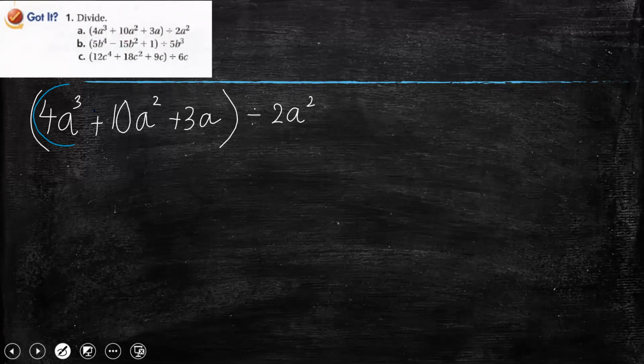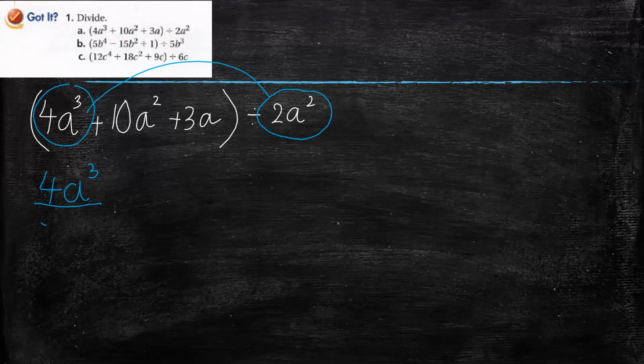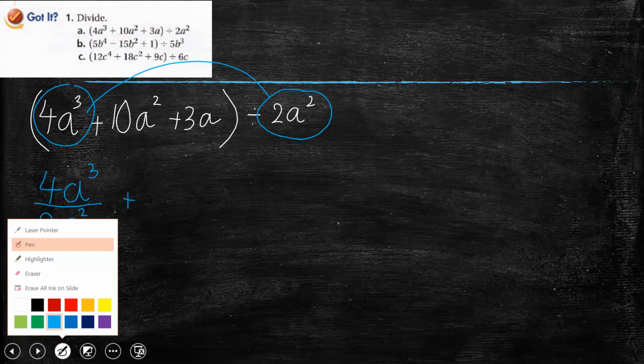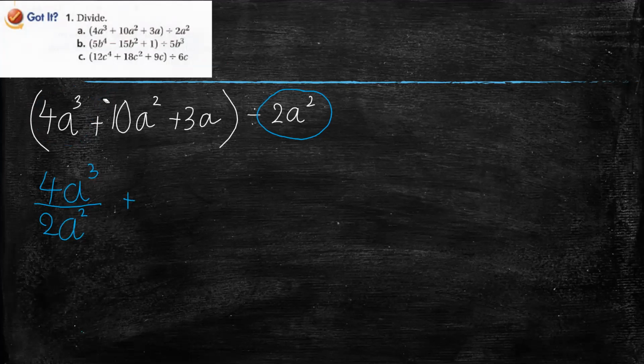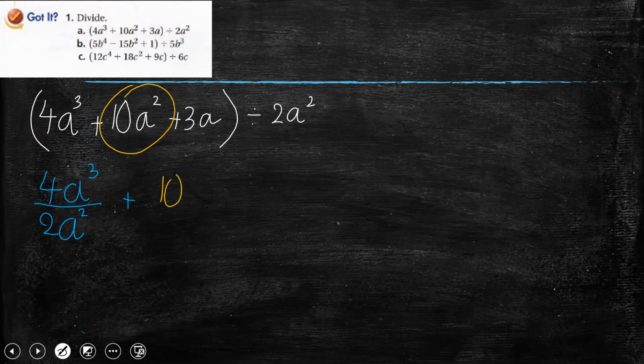You have to divide 4a cubed by 2a squared, and then 10a squared over 2a squared, then plus 3a over 2a squared.